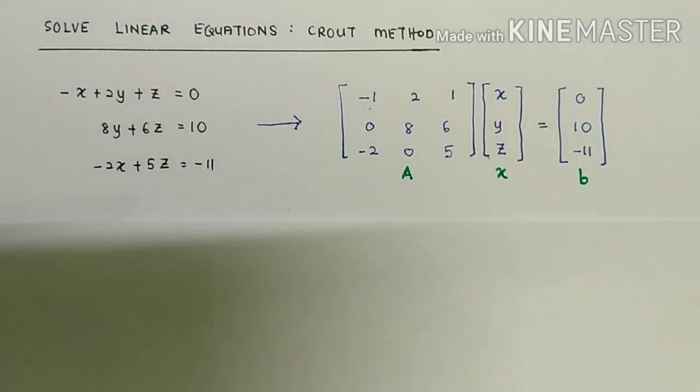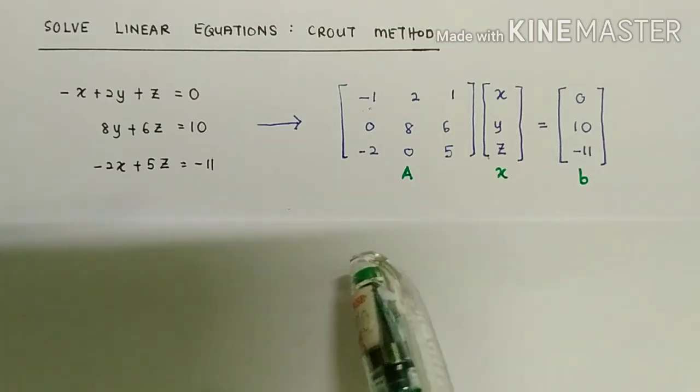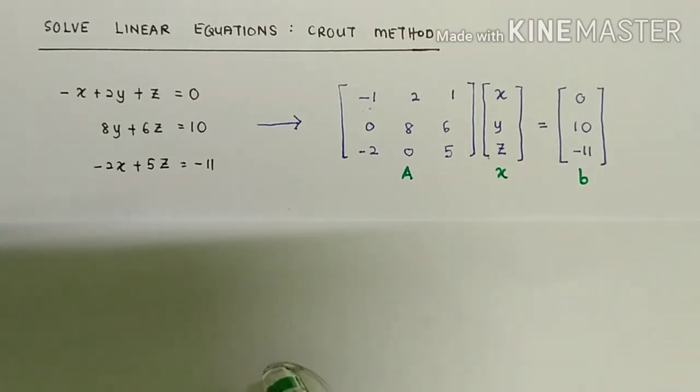The next step is we must find the multiplication of matrix L and matrix U. Just now I said that the steps for the Crout method are similar to the Doolittle method.